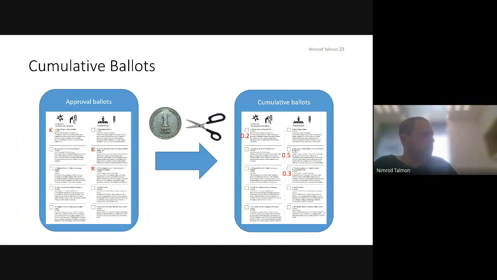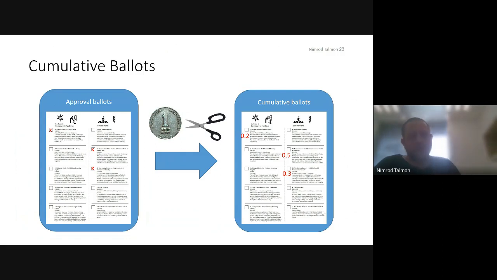Formally, this just means that if you have M projects, then the ballot or preference of each voter is a vector of M entries, not a binary vector, but a vector of values in which the sum of values is 1.